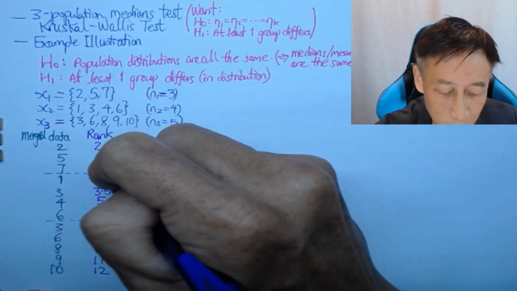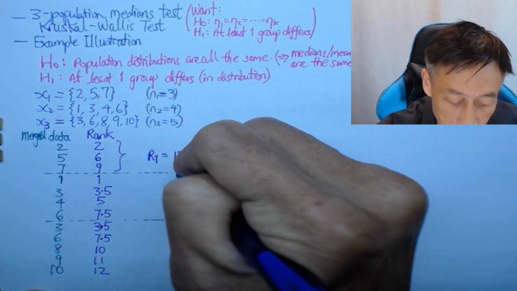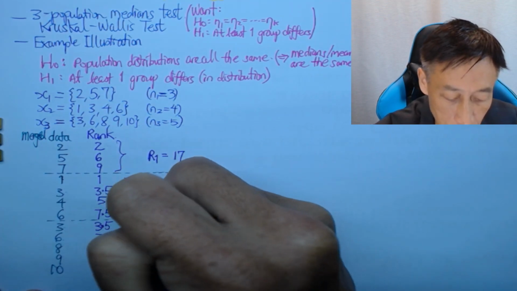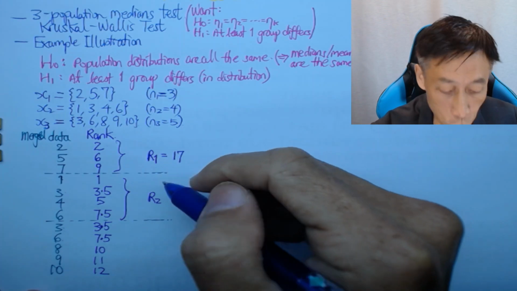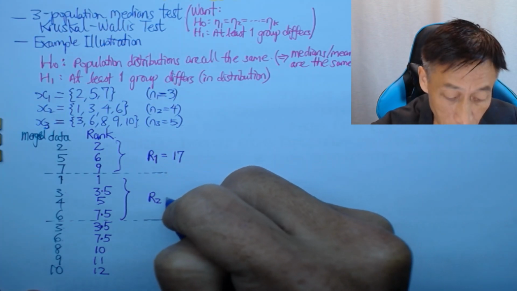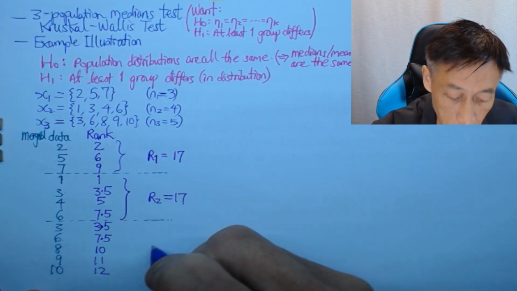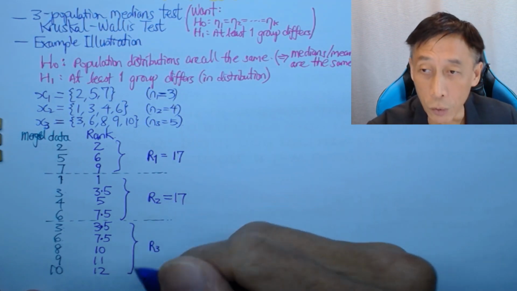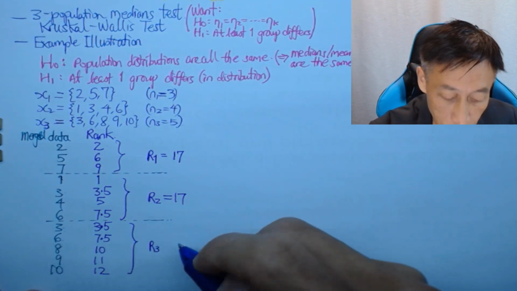So 2 plus 6 plus 9 gives us 17. Then for the second group, adding these up, we should get 17 as well. Then 10, 11, 12 is 17. The rank sum for group 3, if you add them up, we should get 44.